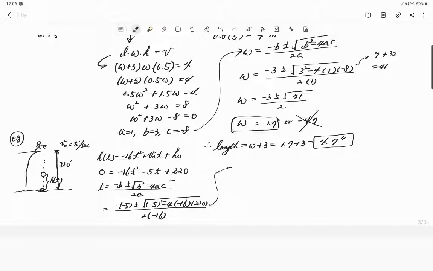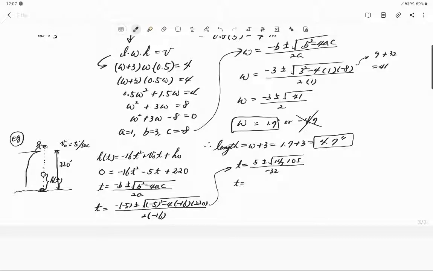Okay, then I use a calculator, then t equals 5 plus or minus square root of 14,105, divided by negative 32.